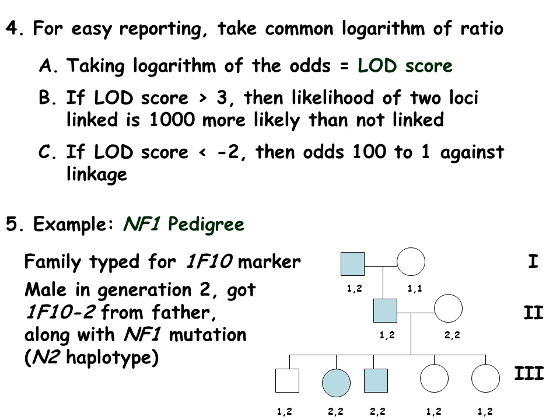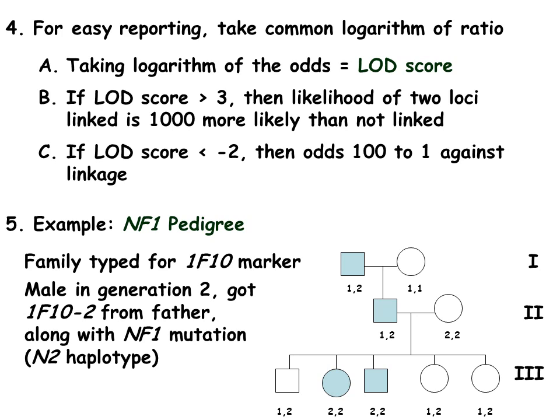So we're taking the logarithm of the odds, hence the LOD score. And we have found that if the LOD score is greater than 3, then the likelihood of the 2 loci linked is, because it's a logarithm, 1,000 times more likely than they're not linked. And if the LOD score is less than -2, then the odds are 100 to 1 against linkage.